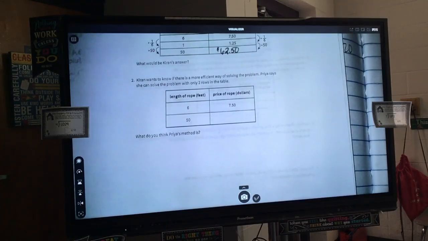Remember, you already know the total for 50 foot of rope. We already solved that.